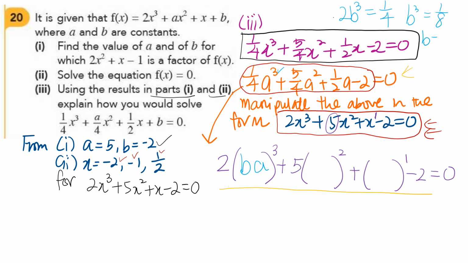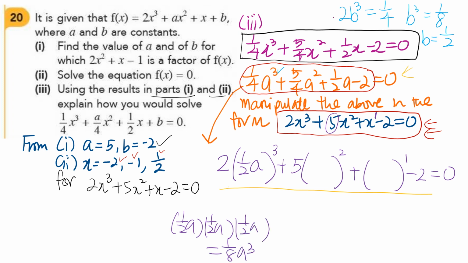So B is half. That means I need to substitute my B to be half. What goes inside the bracket must be half A, so that half A times half A times half A will give you 1/8 A cubed. And 1/8 A cubed times 2 will give you back your 1/4 A cubed, which is what you have initially here.